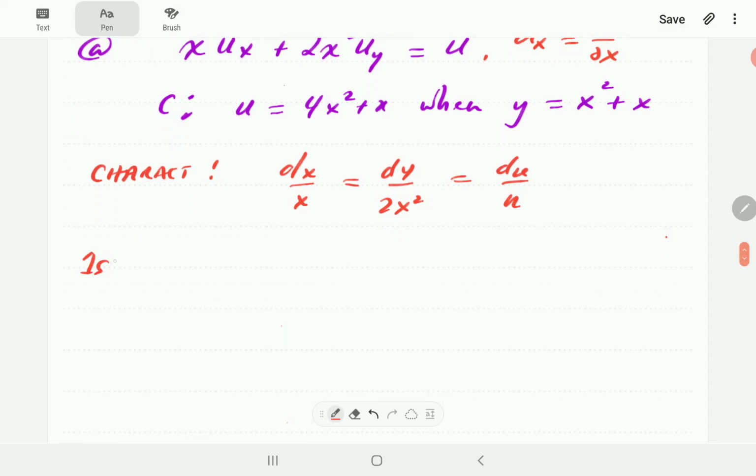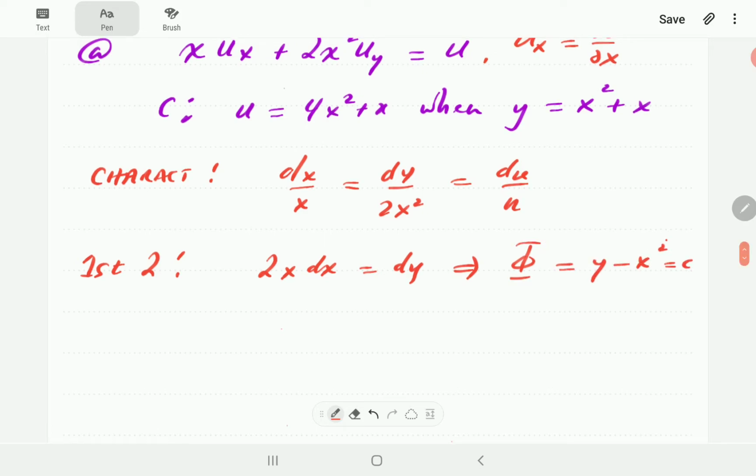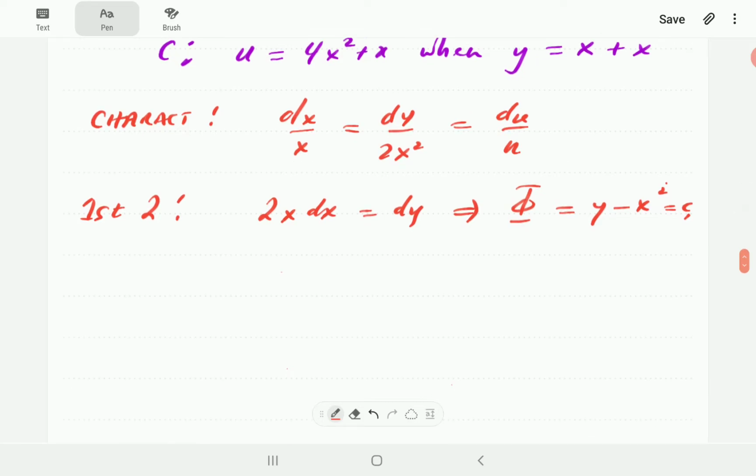Okay, if we first take the first two terms, then this we can write as 2x dx is equal to dy. Integrating this, we're going to find phi is y minus x squared equal to c1. So that is the first integral.